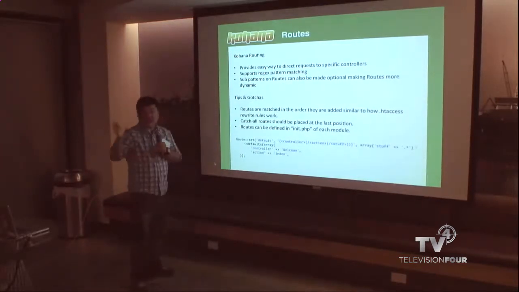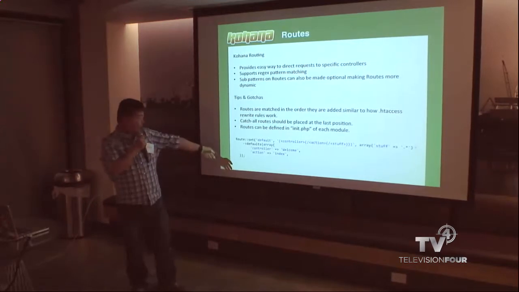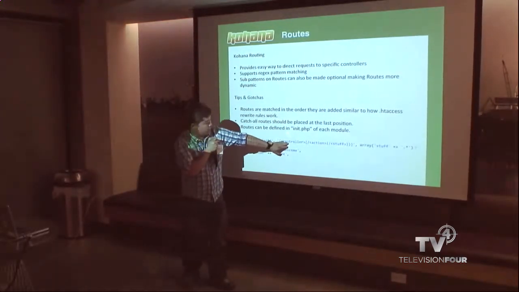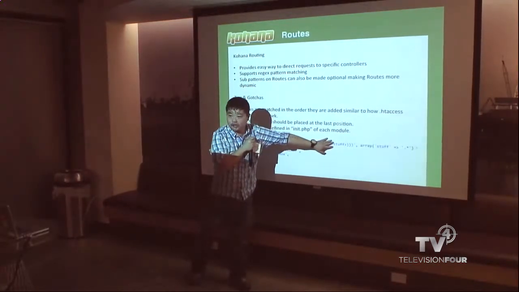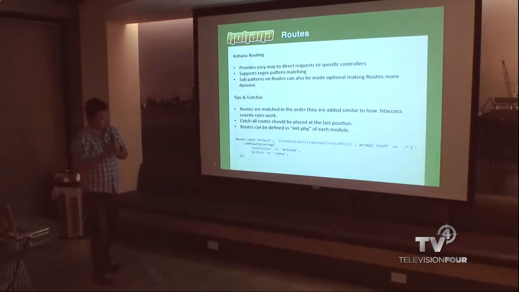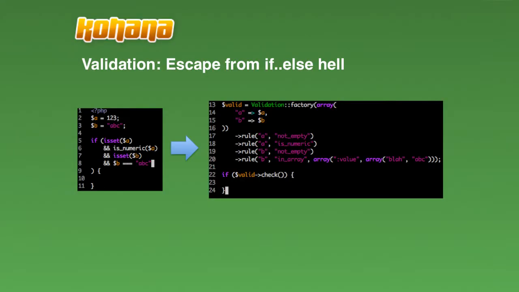So if you see these parentheses, it means you don't even have to pass anything in your URL. Just hit the domain, and it's going to go to controller welcome and action index. But if you do pass in the controller, you don't have to pass in the action either. It doesn't matter what you do here, it's going to go here. So it's a catch-all type of routing, and one of those things you want to keep all the way at the bottom.